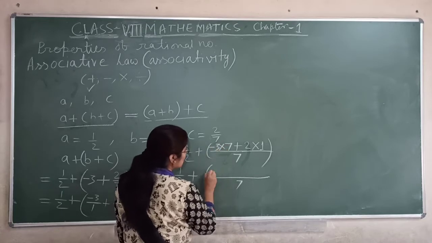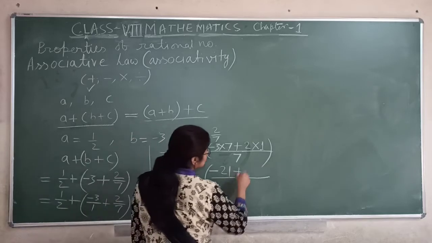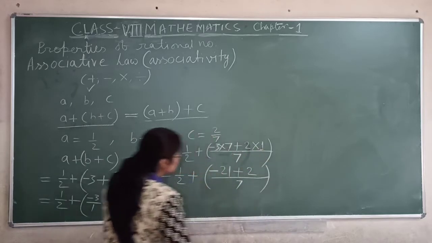Plus into minus, minus 7 3 times is 21, plus 2 1 times is 2, bracket close.